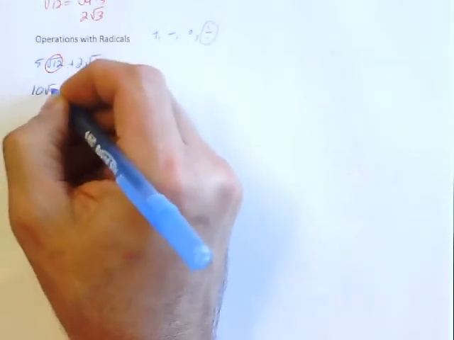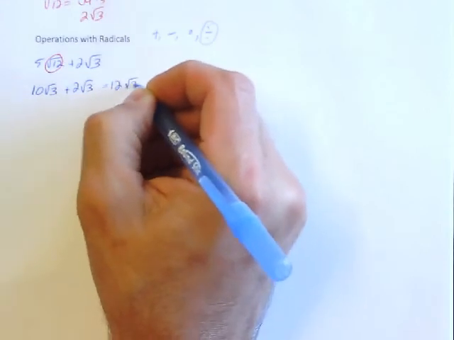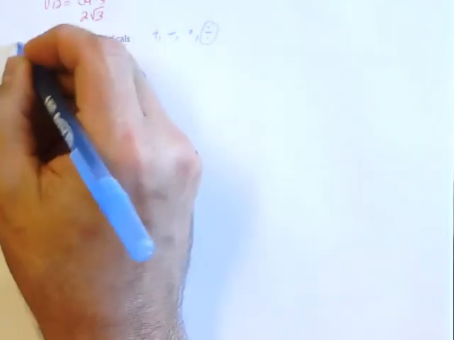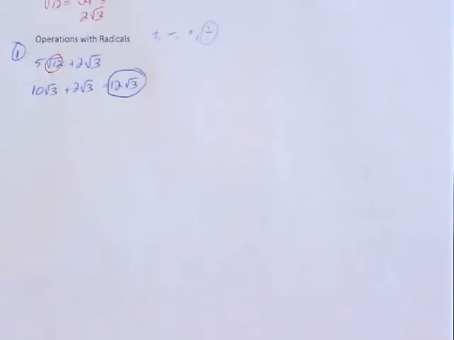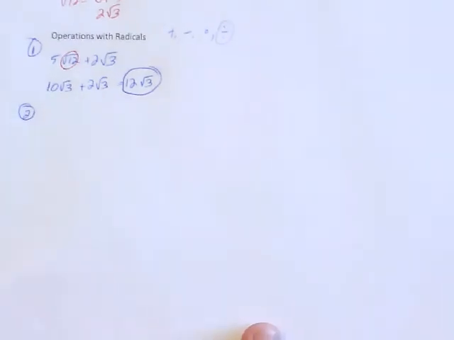So radical 12 is 2 radical 3. Times our 5 is going to make this 10 radical 3 plus 2 radical 3 will give us 12 radical 3 for an answer. Now, it doesn't really matter if you're adding or subtracting, it really is basically the same process.